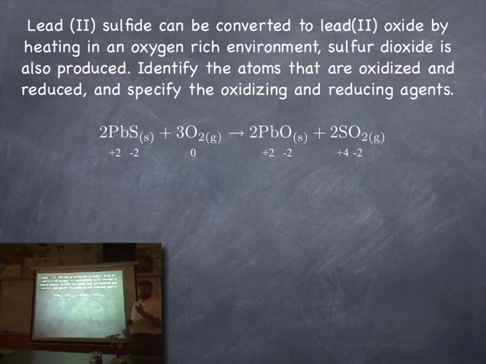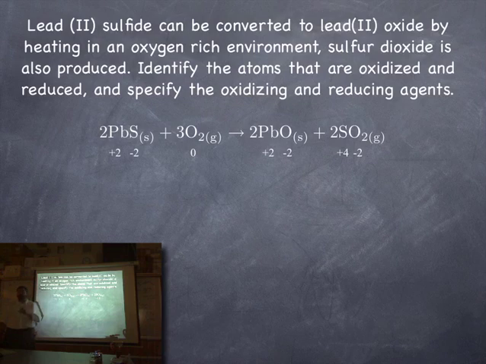It is possible to have a single element be both the oxidizing and reducing agent, not what we did in this problem. So now we say, okay, what changes happened? Sulfur changed and the oxygen changed. Oxygen went from 0 to -2. Was it reduced or was it oxidized?